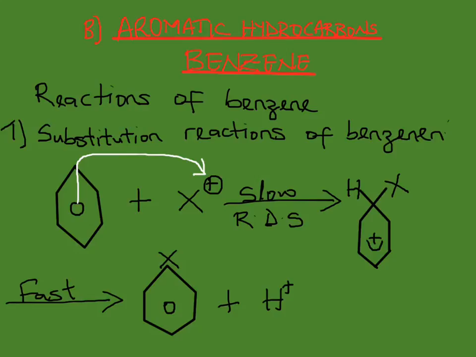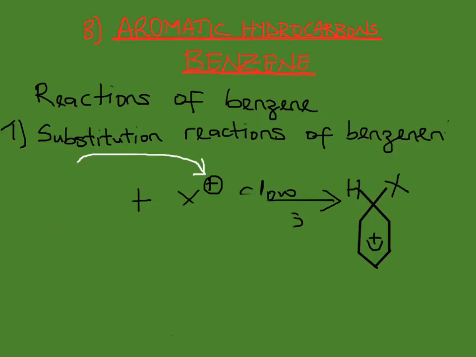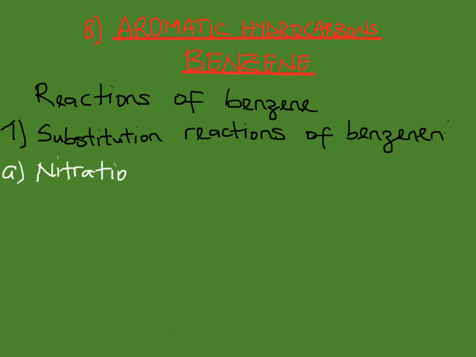A reaction with an electrophile is illustrated on your screen. When the electrophile is attached to the carbon atom, its positive charge is distributed over the 5 remaining carbon atoms.